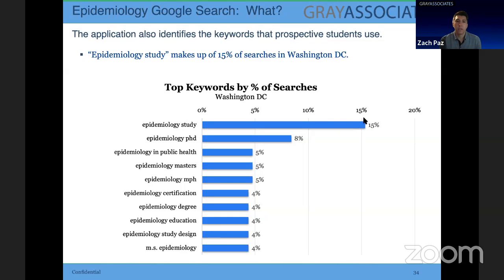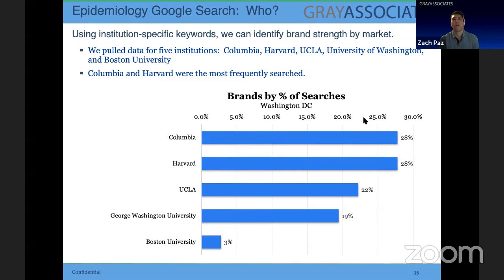In addition to the program keywords, we also pulled a sample of brand keywords. So who are they searching for? This is a sample analysis of just 5 brands in the DC market. We pulled keywords specific to the program.